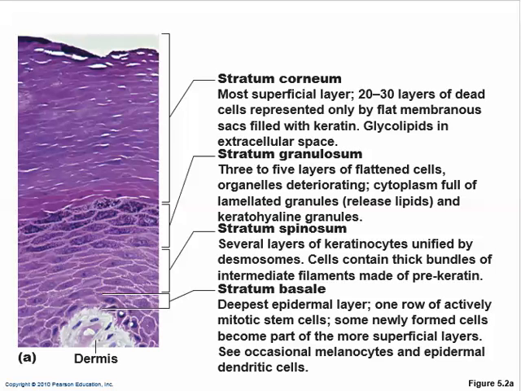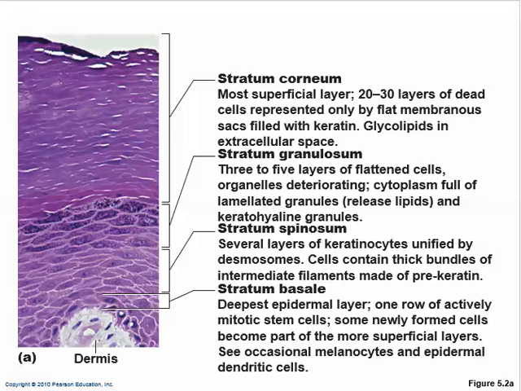And this is fast growing skin, so this would be the palms of your hands and the soles of your feet. This is considered thick skin. Above that, all skin has the stratum corneum, the horny layer. Horns on cows and sheep and unicorns, for that matter, are all made of keratin, and corneum means horn.